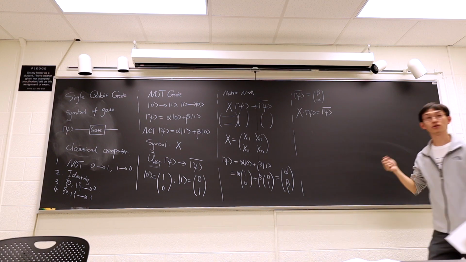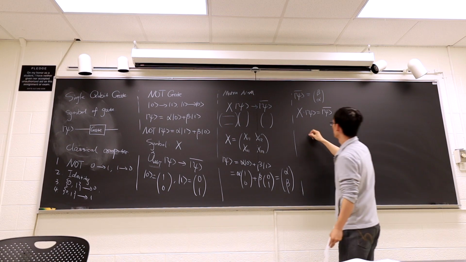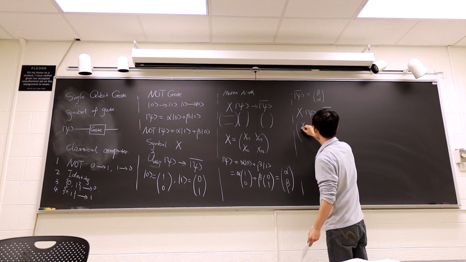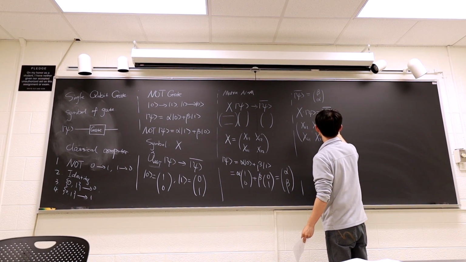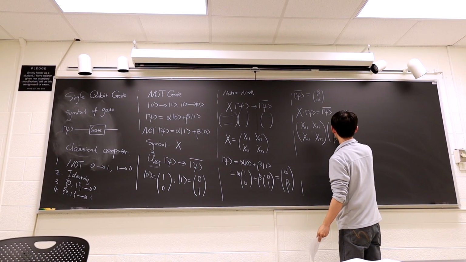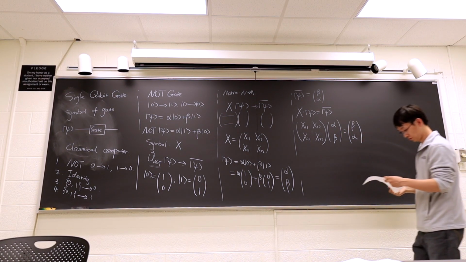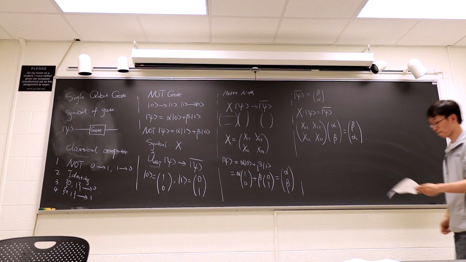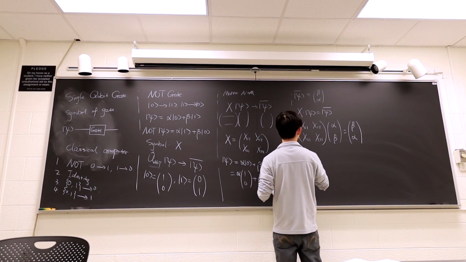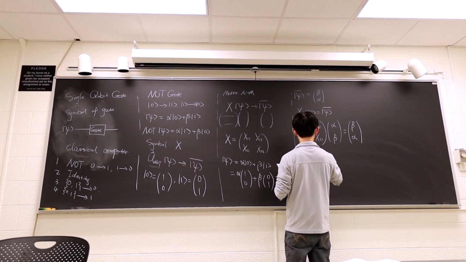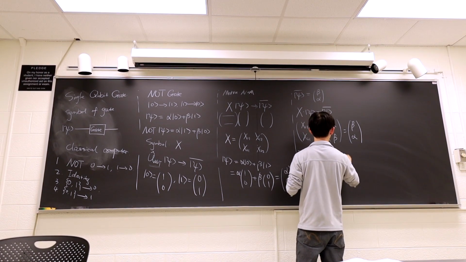So this is a common way to figure out what the matrix of the gate is, and then you get x11, x12, x21, x22. And you multiply this side, you get x11 alpha plus x12 beta.